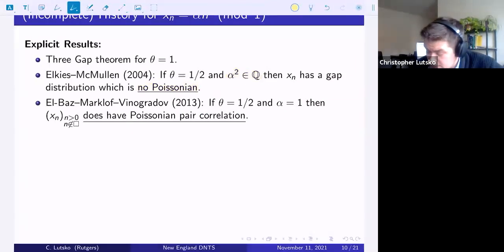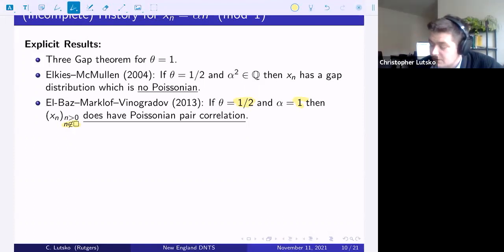Now, 9 years later, Elbaz, Marklof, and Vinogradov were able to build on Elkies and McMullen's method, and they showed that in the same example, but now alpha is 1, if I look at my sequence and I extract the squares, so 1, 4, 9, 16, then this sequence does have Poissonian pair correlation.